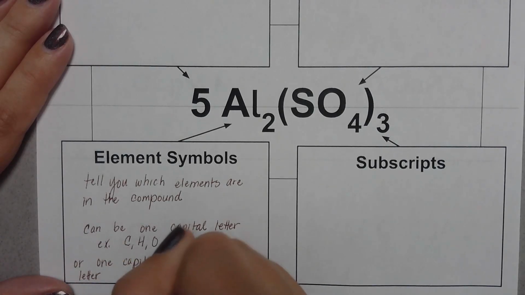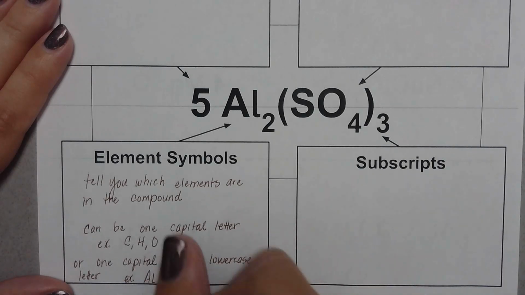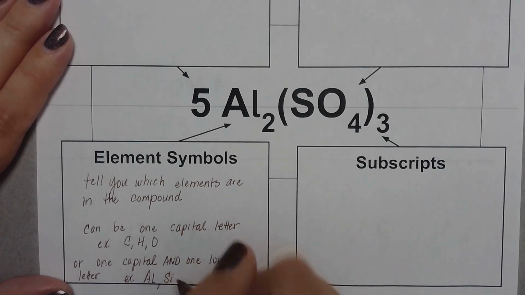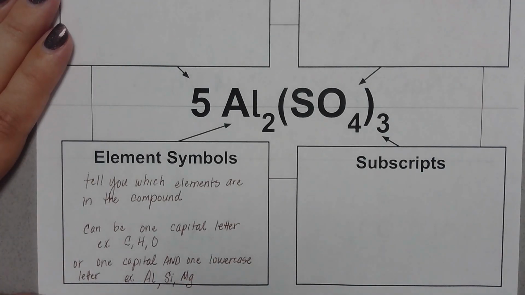For example, aluminum, which is Al, Si, which is silicon, Mg, magnesium.